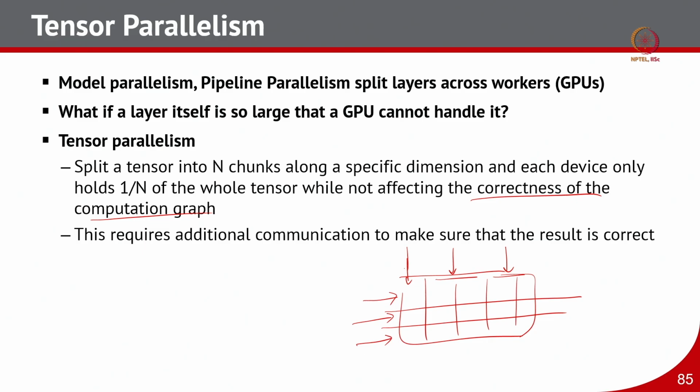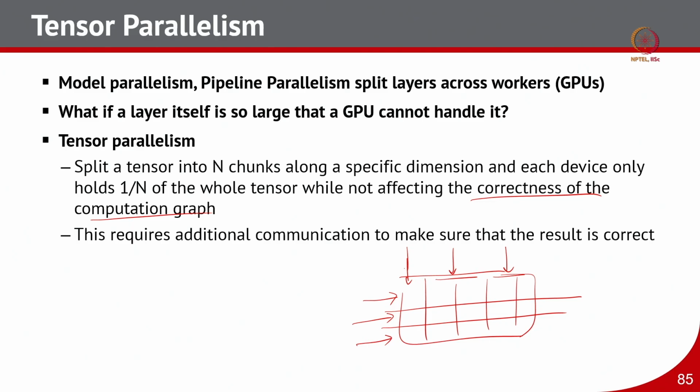Some layers can be very big, so one GPU may not hold all the parameters of that particular layer, and it may go to different GPUs. That is tensor parallelism.